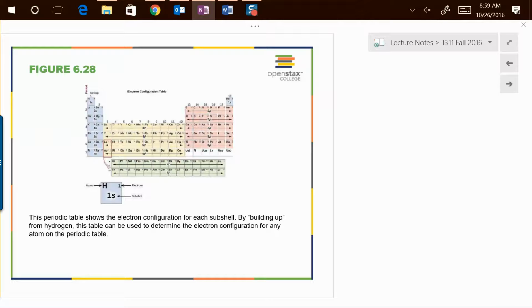Yes? So why is it silver always has a +1 charge if it's got a nice full D? And why doesn't copper do it, but silver does? I'm not sure.